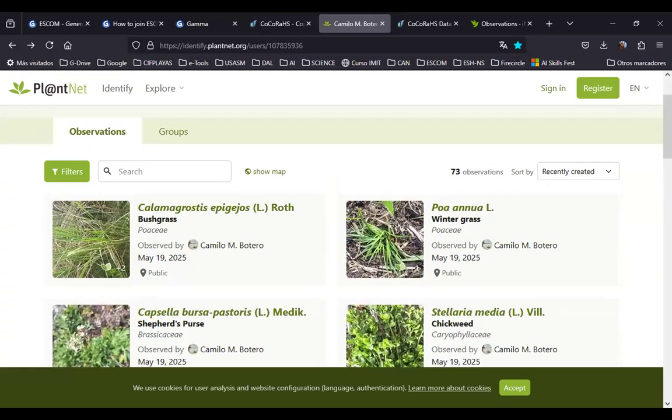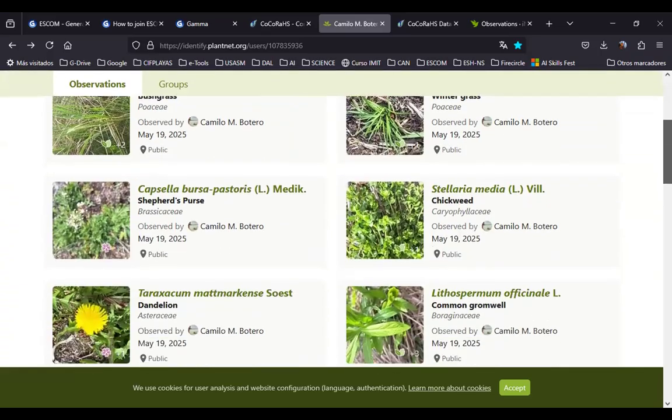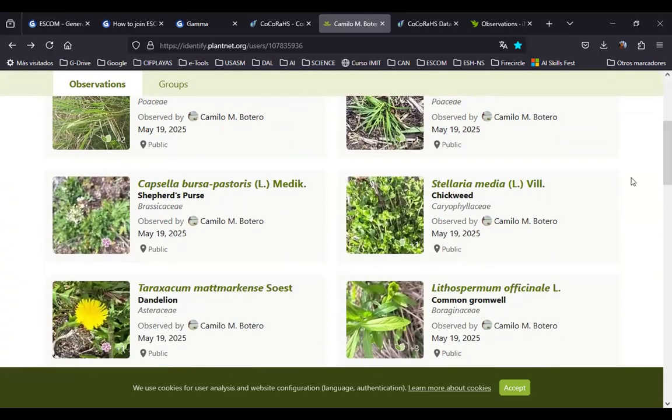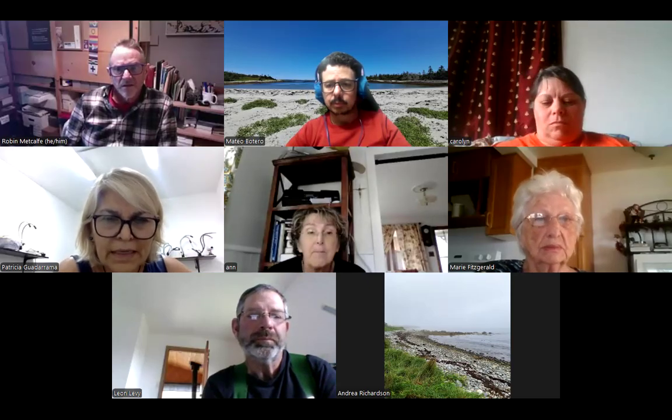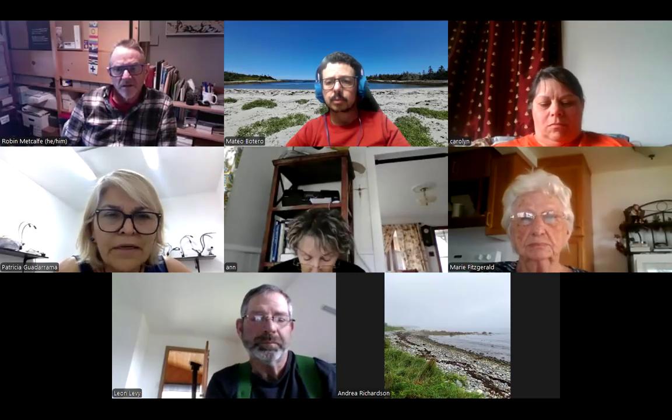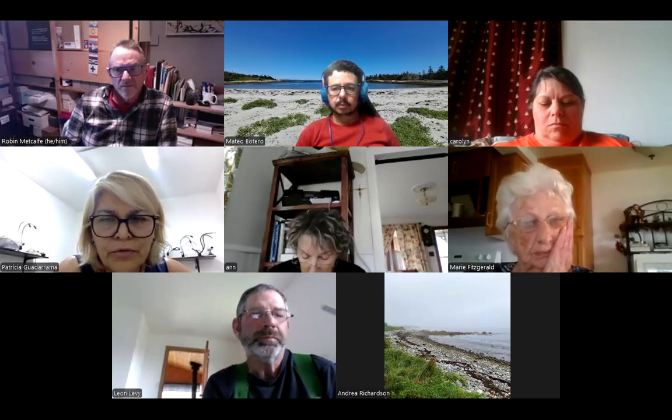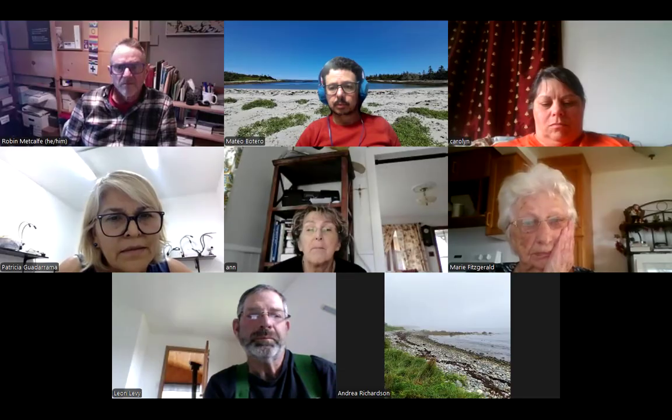In Sisal, we find only 10 invasive species. But when an invasive species is established on the coast, it's very difficult to eliminate.